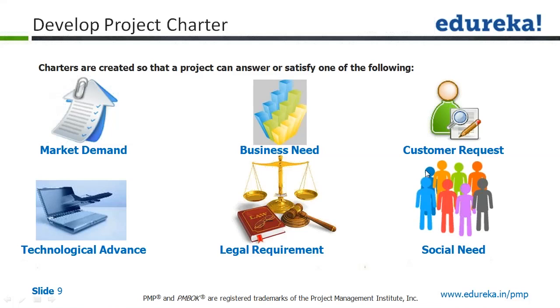A very clear-cut example of a social need is if we are going to create some basic infrastructure for a social sector. The social need project would have a very clear justification: once we are able to deliver the output, it is justifying back to the society for the particular activity that has been delivered.